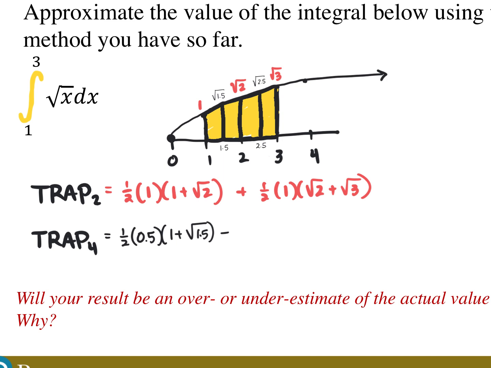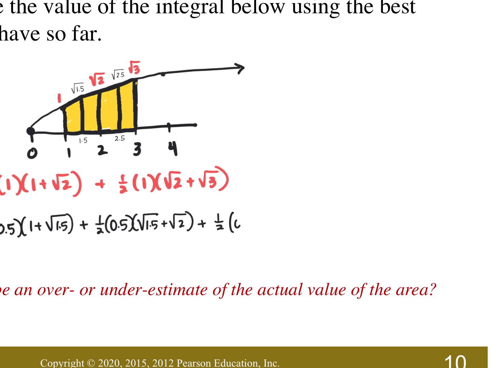My next one would be 1/2, a base of 0.5, and heights square root 1.5 and square root 2. Then 1/2 times 0.5, and my next would be square root 2 plus square root 2.5.